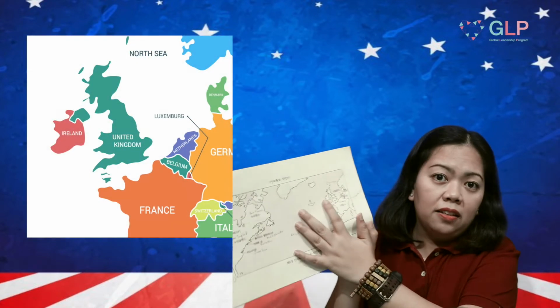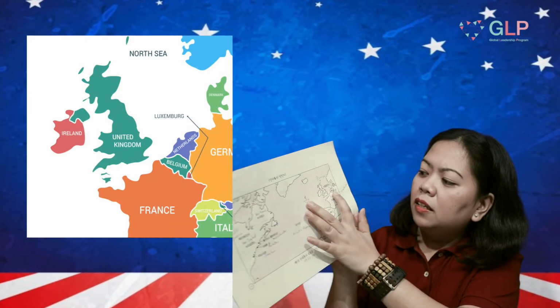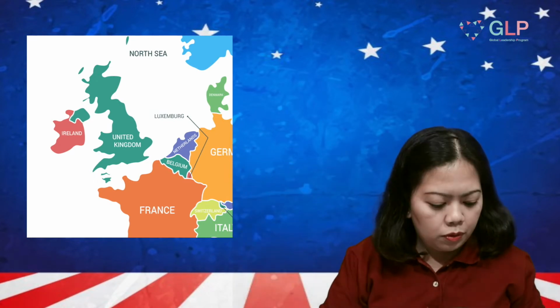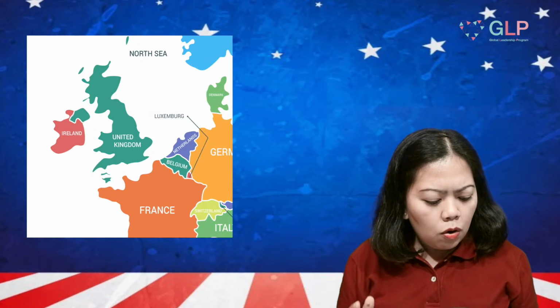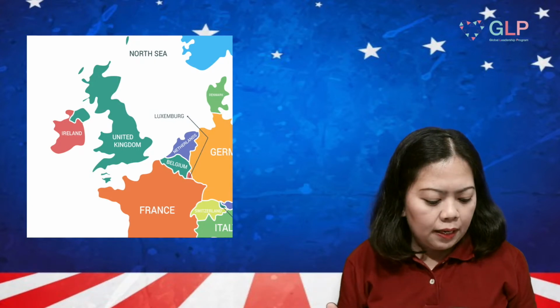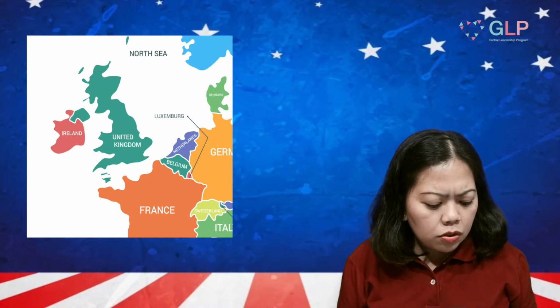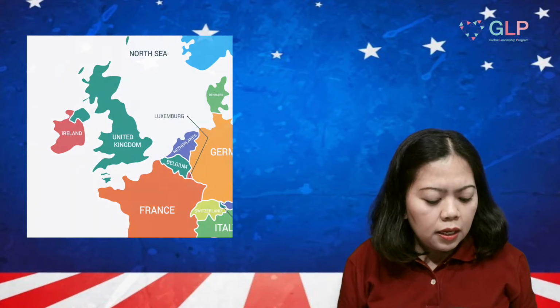It is a very close land. So this is England, and this is the Netherlands or Holland. So, close lang sila, so dun sila pumunta. The homeland, or yung tinubuang bayan nila, of the Dutch welcomed the Protestants. And since Holland was so close to England, the journey was not really long.